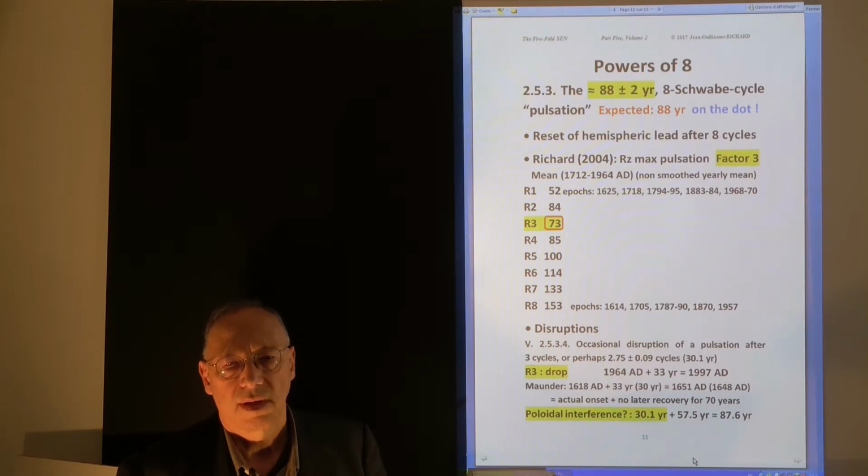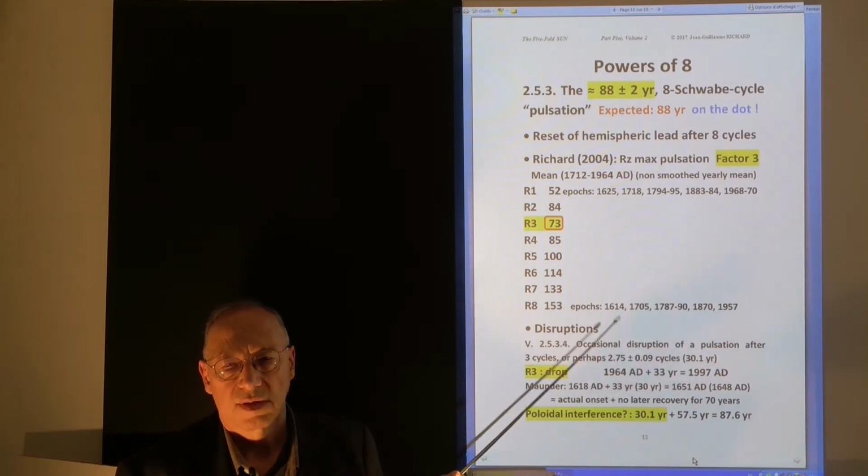However, there are occasional disruptions in the record of such monotonous growth sequences in the amplitude of the sunspot number. In this presentation, you see that it takes place at the 3rd cycle. There is a drop after the 3rd cycle in the otherwise almost exponential monotonous growth of the sunspot number amplitude.